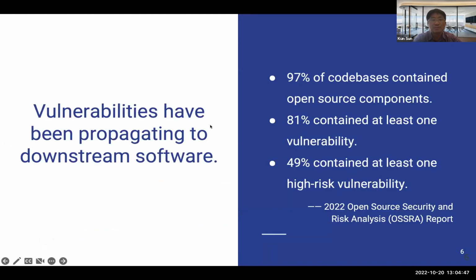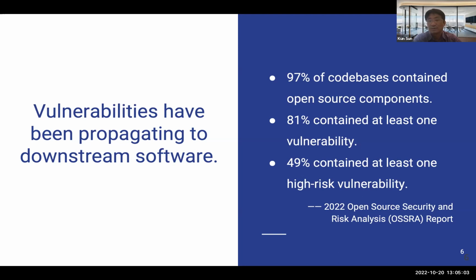Now the problem is that open source software, like other software, contains vulnerabilities. Those vulnerabilities propagate from upstream software to the downstream.